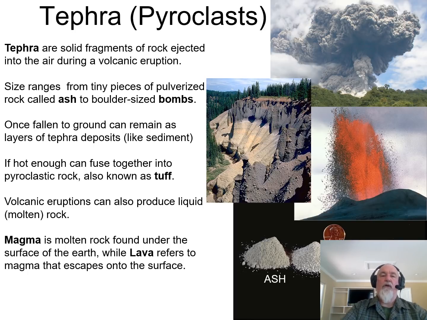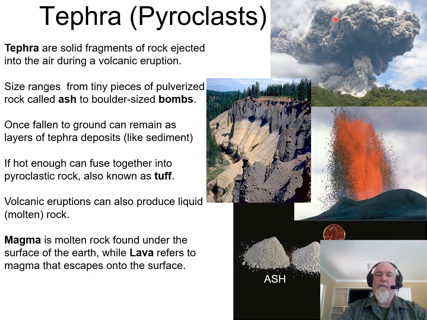Tephra or pyroclasts, these are the rock fragments blasted into the air during a volcanic eruption. Okay, technically, while it's up in the air, we could actually say that lava bombs and lava blocks and ash, these would be considered to be tephra also.